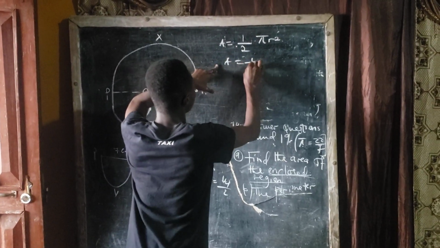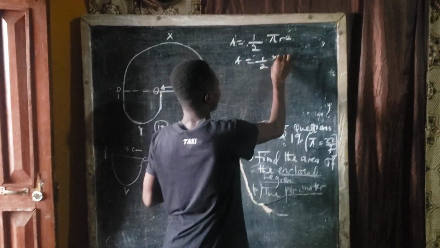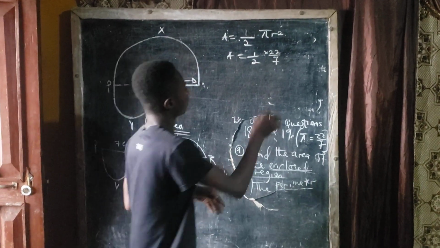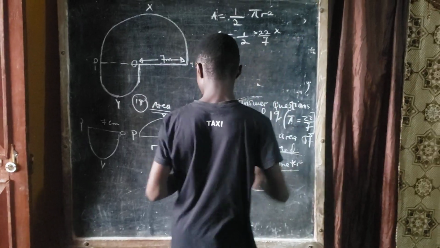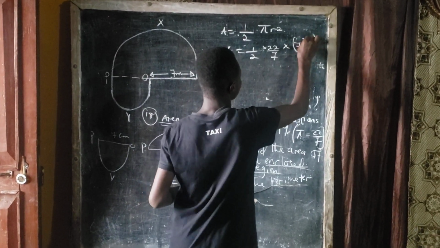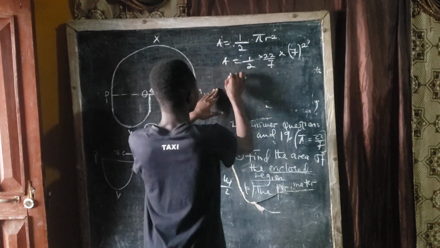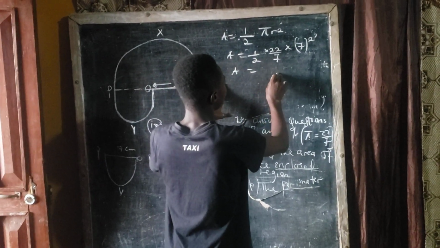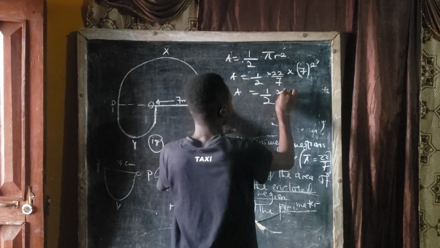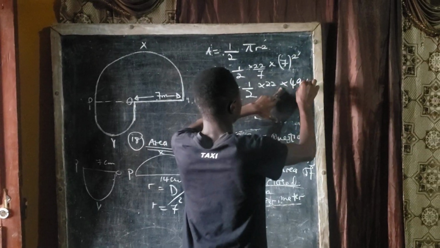Area is equal to, we are given pi as 22 upon 7, multiplied by the radius, 7, squared. A is now equal to 1 upon 2 multiplied by 22 upon 7 multiplied by 7 squared, which is 49.